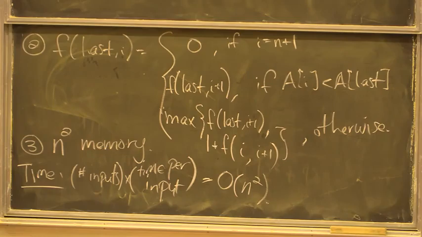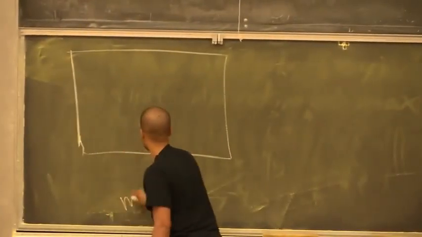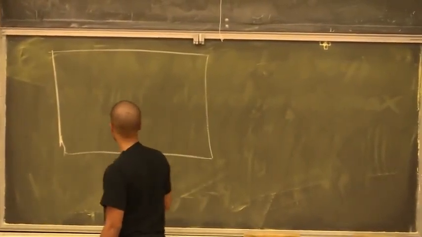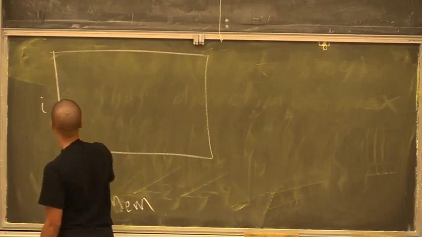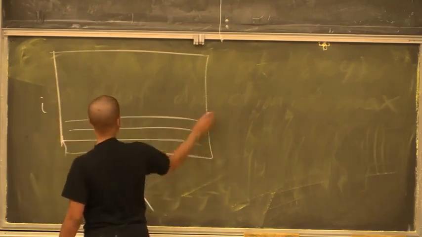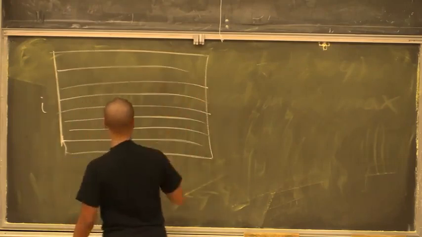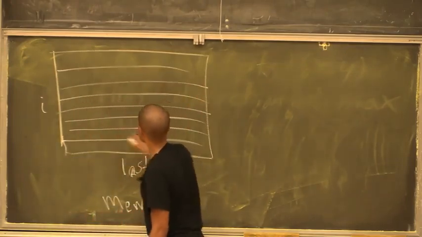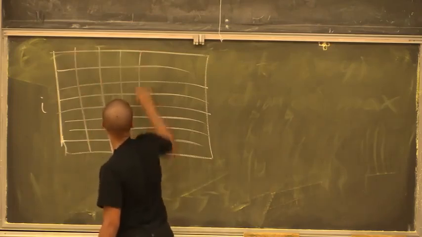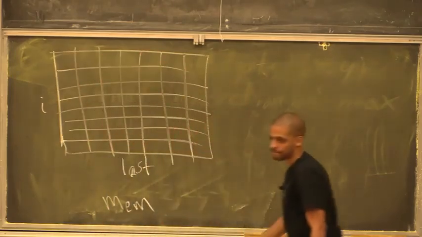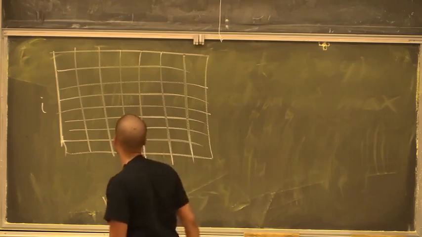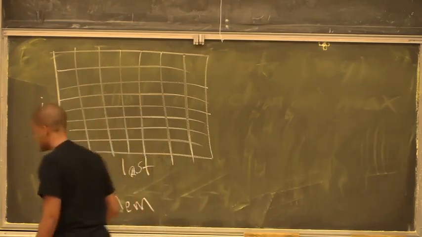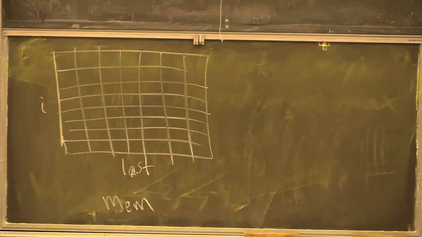Why? Because if I plot the memory table, let's say this is the memory table. So here I'm plotting I as the rows of this table, and then last is a column. And these are the entries of my table. Okay. What's the base case? The base case is when I is equal to n plus 1. So let me number these.